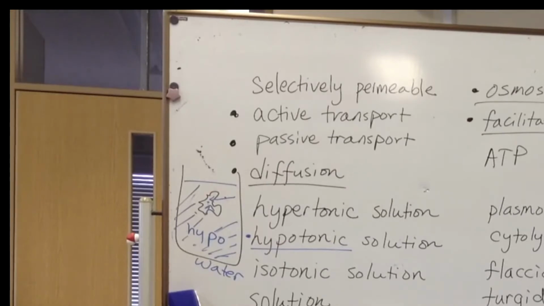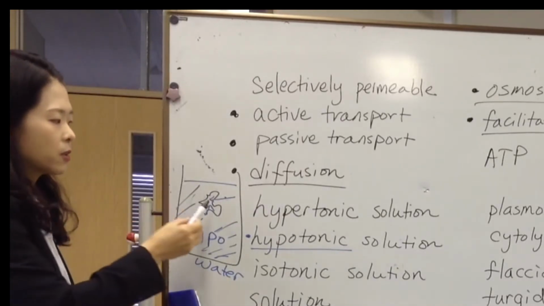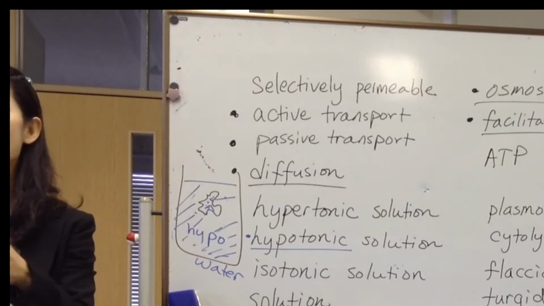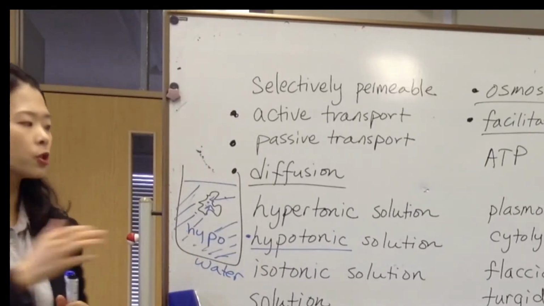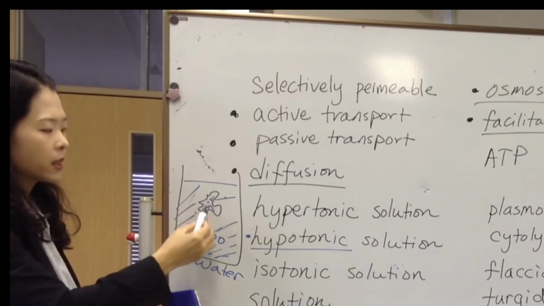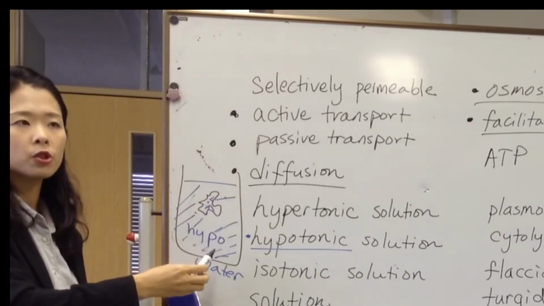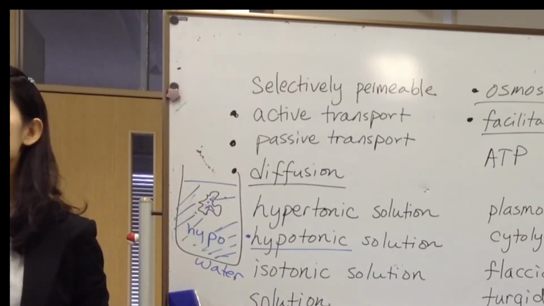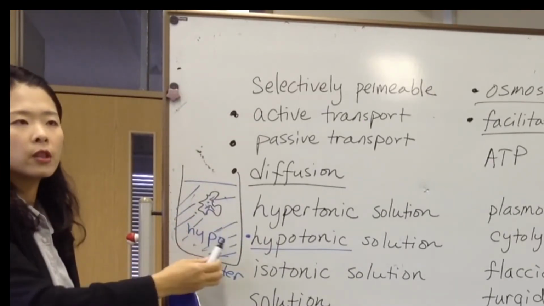So a hypotonic solution says that the strength is not as great as the strength of the cell. Alright, so we're always comparing the solution of one versus the other. The cell is sitting in a hypotonic solution. In other words, the cell has a solution that's greater than the surrounding solution.